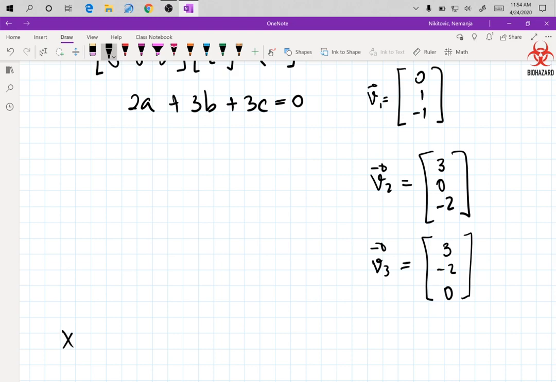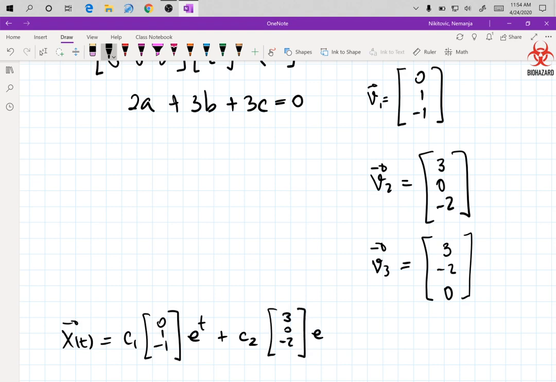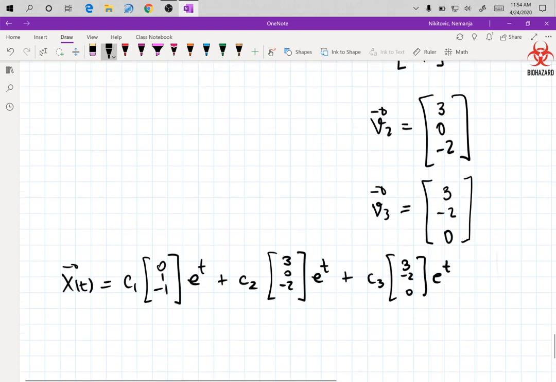Let's go here. X of t is going to be c1 times the first vector 0, 1, -1 times e to the t plus c2 vector 3, 0, -2 e to the t plus c3 vector 3, -2, 0 e to the t.